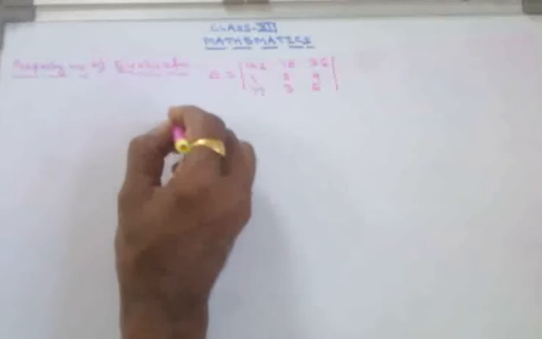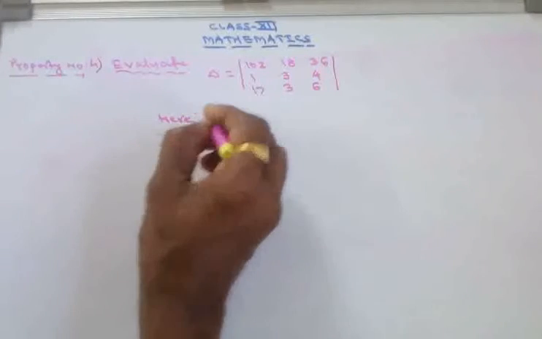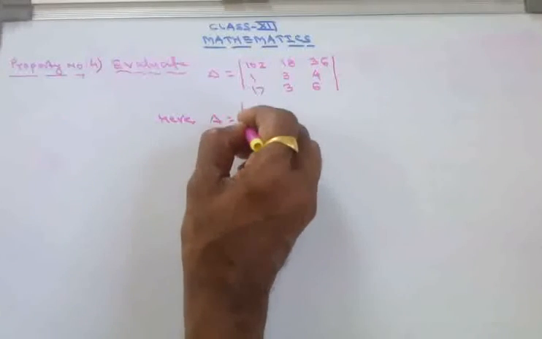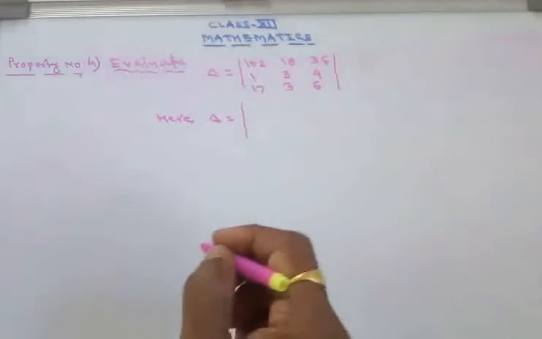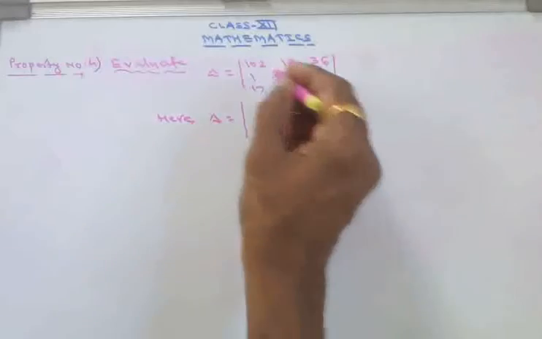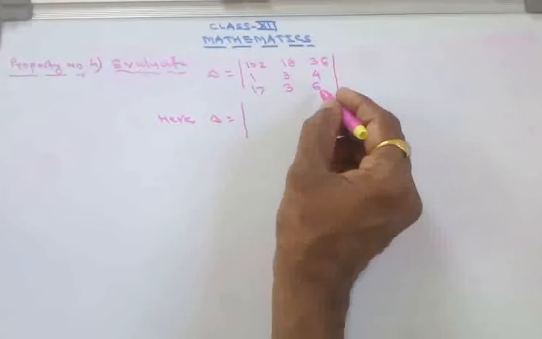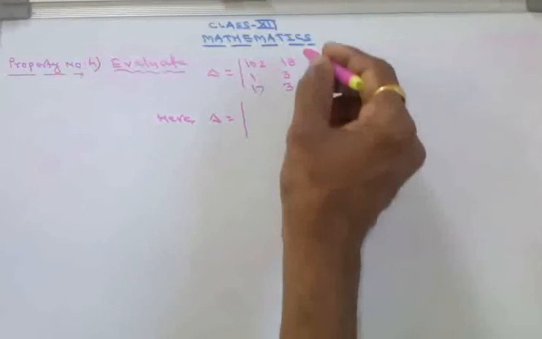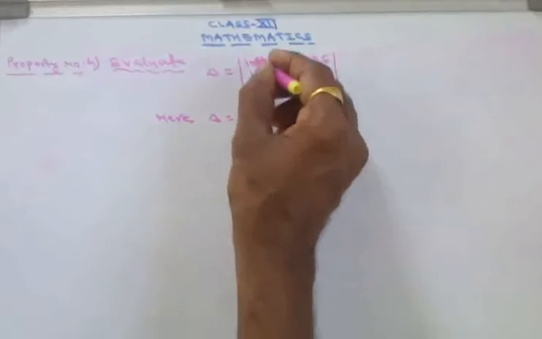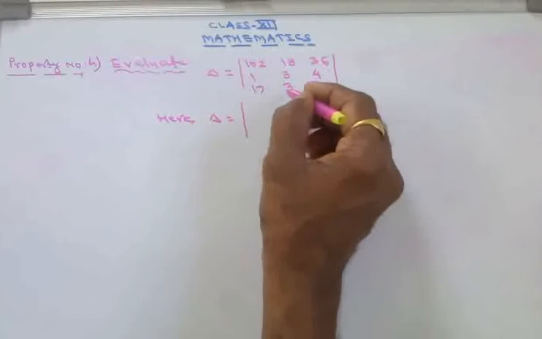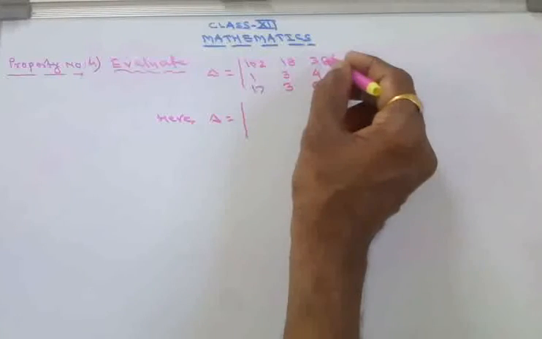Now here, row R3 is multiplied by 6. See here, 17 into 6 is 102, 3 into 6 is 18, 6 into 6 is 36.